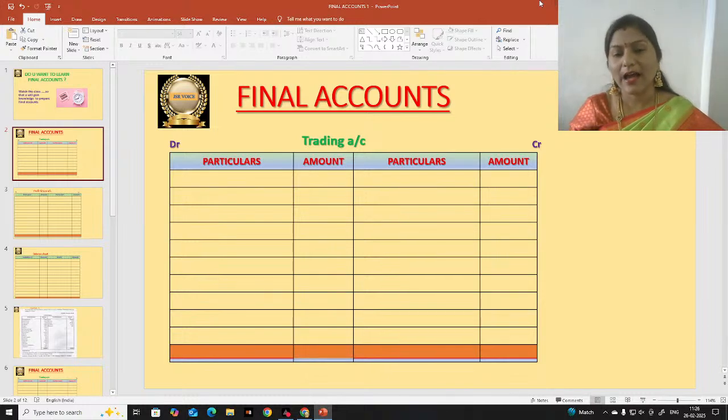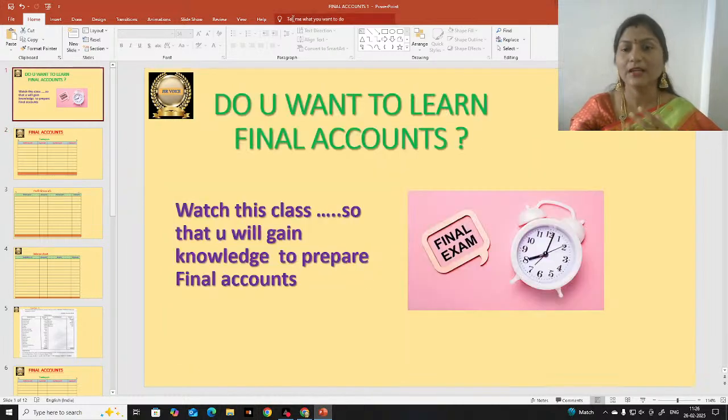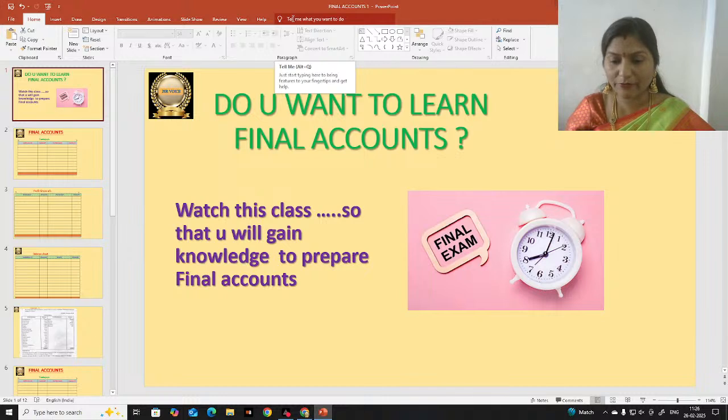So here, final accounts are prepared at the end of the year. Final accounts means it is nothing but trading account, profit and loss account and balance sheet. So these three are known as final accounts. Whenever we prepare final accounts, we follow one format.